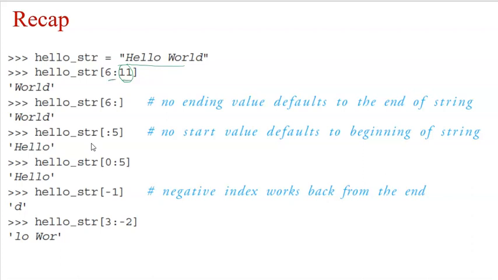This extracts from 6 till the end, so you get the same thing. When you start with a colon, it means you start from the beginning of the string to index number 4. So this is 0, 1, 2, 3, 4. Similarly, this is also 0 to 4.